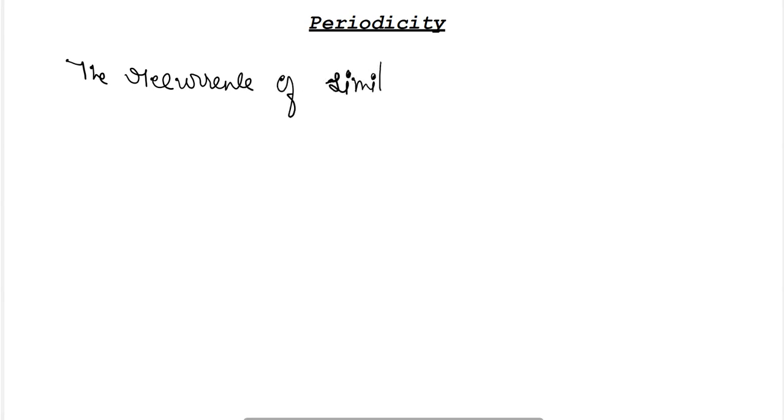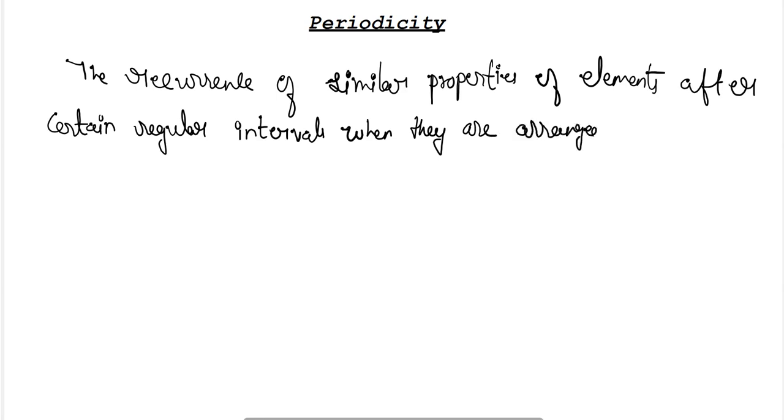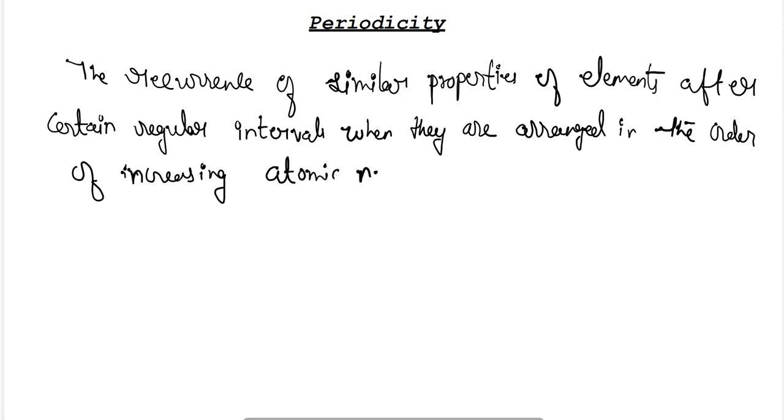The recurrence of similar properties of elements after certain regular intervals when they are arranged in the order of increasing atomic number is periodicity. In the modern periodic table, this is the periodicity.